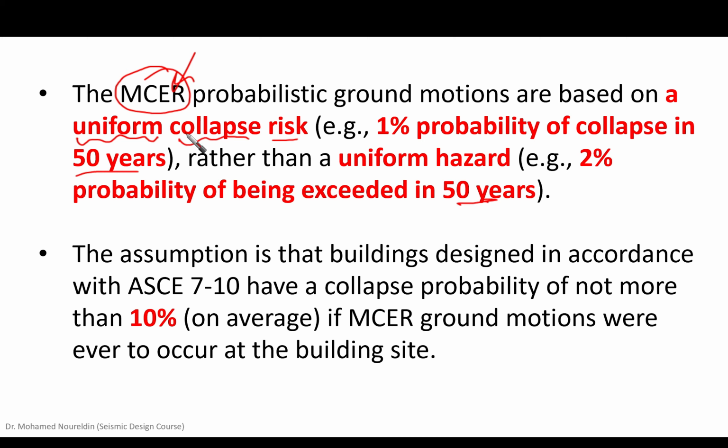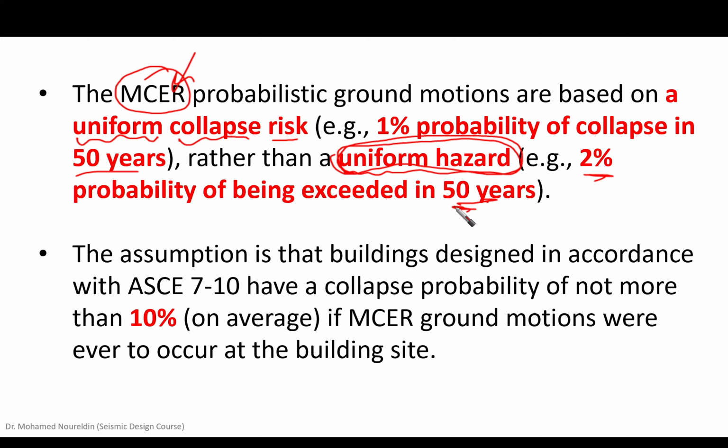Actually, before, ASCE was saying that all areas in the United States, for example, should be exposed to a uniform hazard. The probability of exceedance of this hazard should be 2% in 50 years.